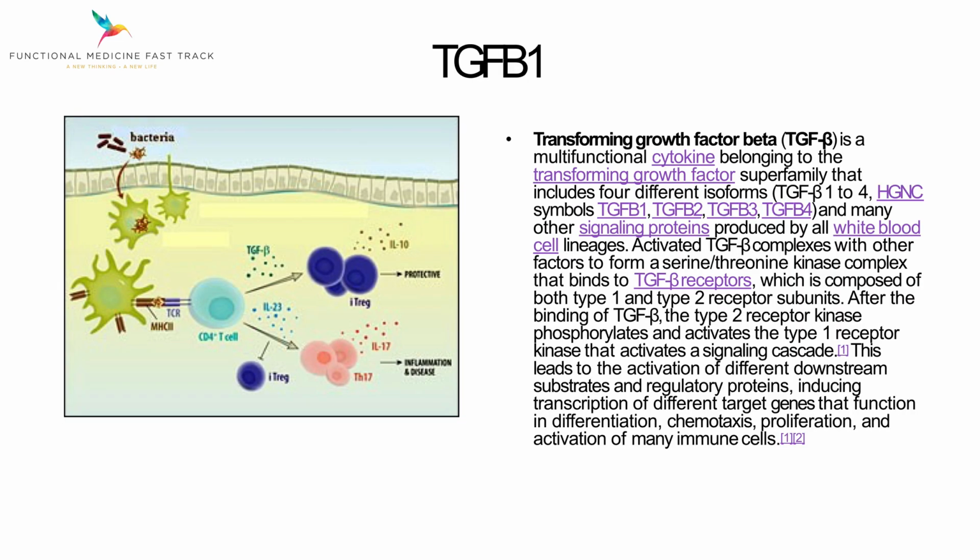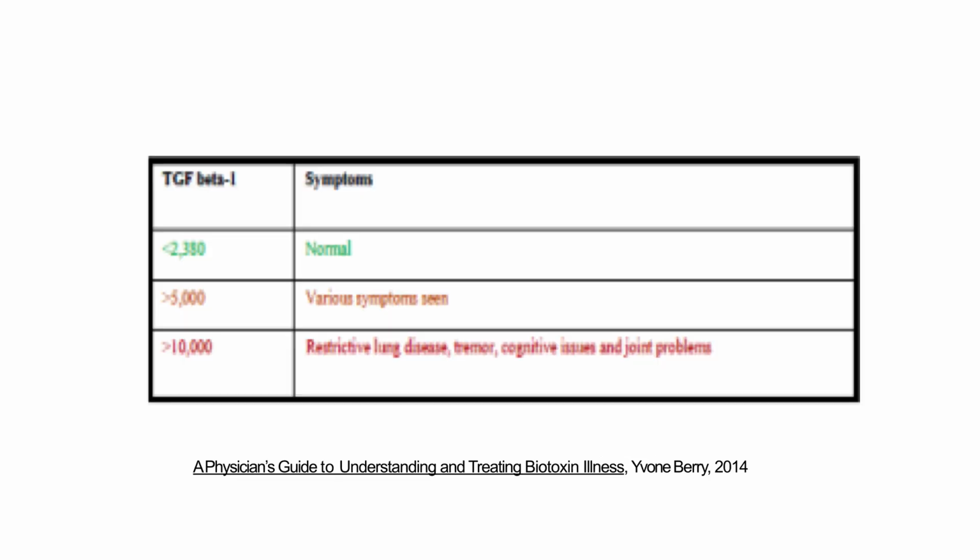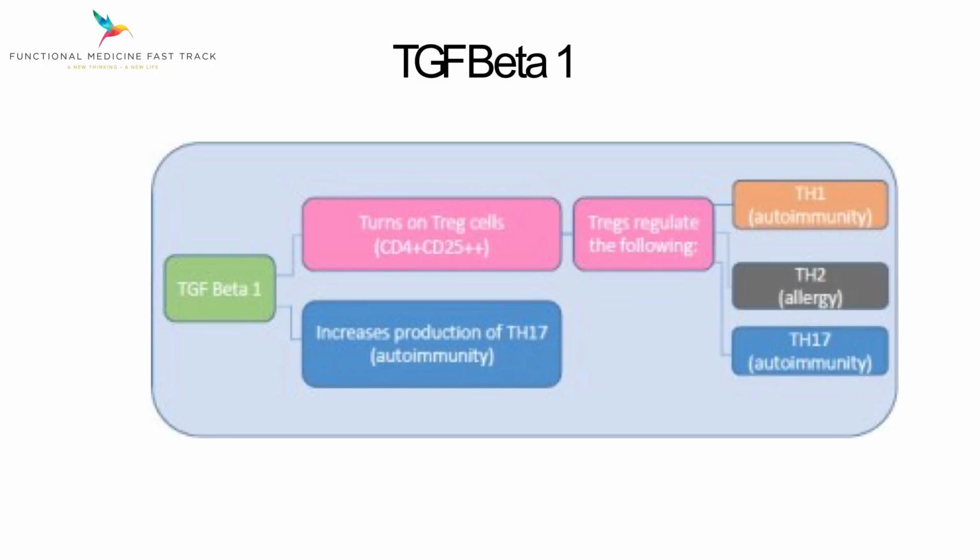Now with TGF-beta1, it is slightly different. What I want you to do is understand, first of all, what is the norm for TGF? Ideally, you want to see something below 2400. As soon as it starts escalating, that is when we know there is an issue. Understanding what TGF-beta1 does, it turns on all the reg cells.